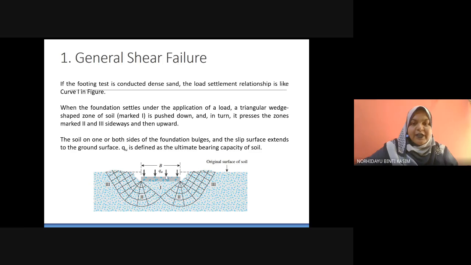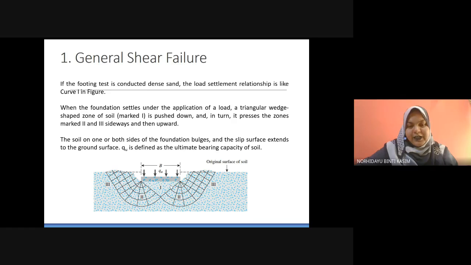When the foundation settles under the application of the load, there will be a force acting here, number one, pushing down the soil.